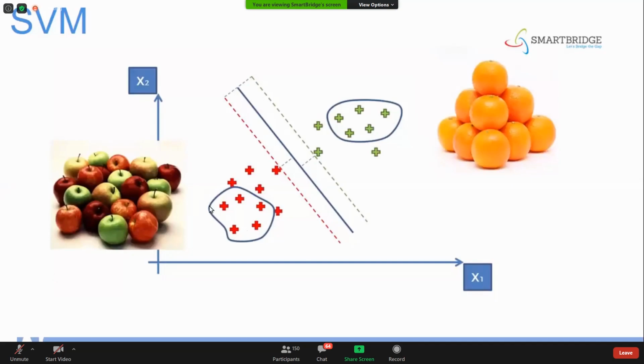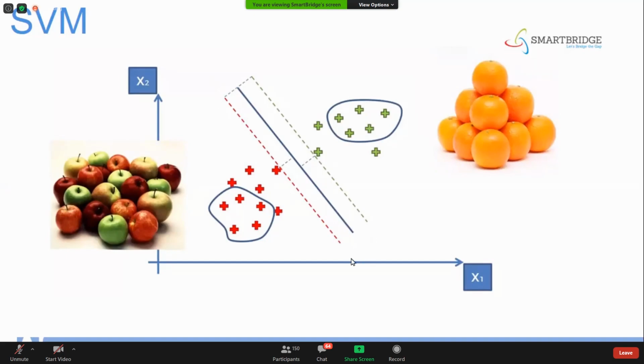Remaining all are correct apples and remaining all are correct oranges. So here we are considering the classes in such a way that even though an apple is looking like an orange, still it will predict it as an orange based on this hyperplane.